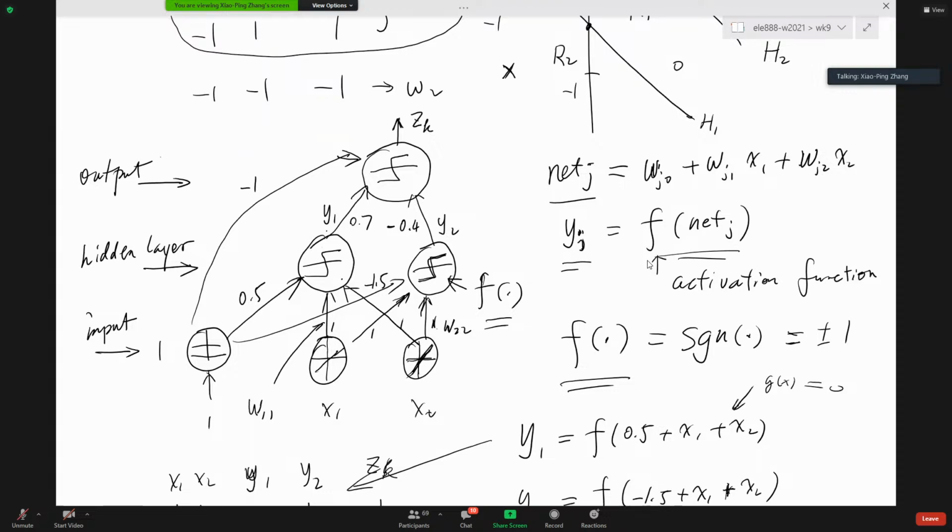We have one hidden layer, right? The input layer is X, the hidden layer is represented by Y, and the output layer we call ZK. That's a notation, okay? Are we clear?